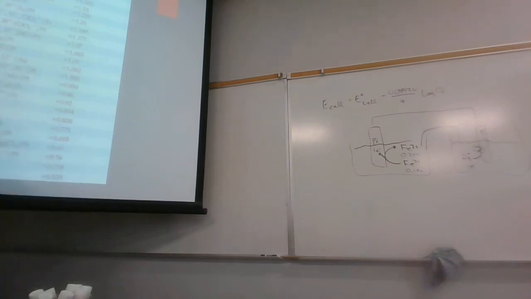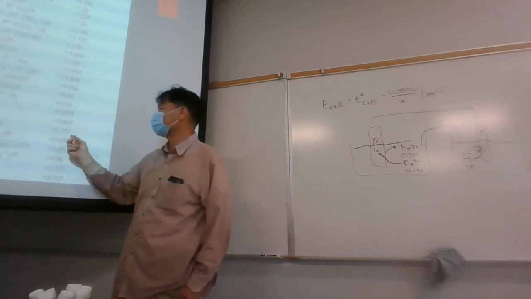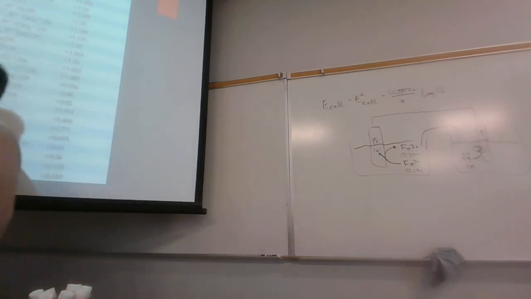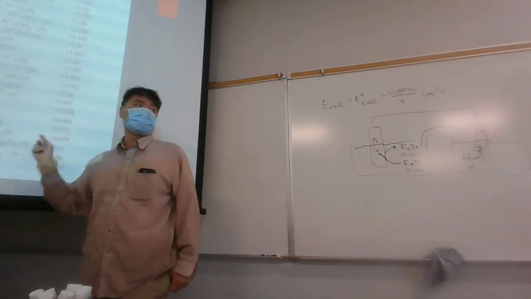Iron 2 goes to iron 3. The forward direction is reduction, and that would be the reduction potential, which is plus 0.771 volts. The reverse direction is oxidation, so we're oxidizing iron 2 to iron 3. If we reverse this, then we change the sign, so it's negative 0.771 volts.